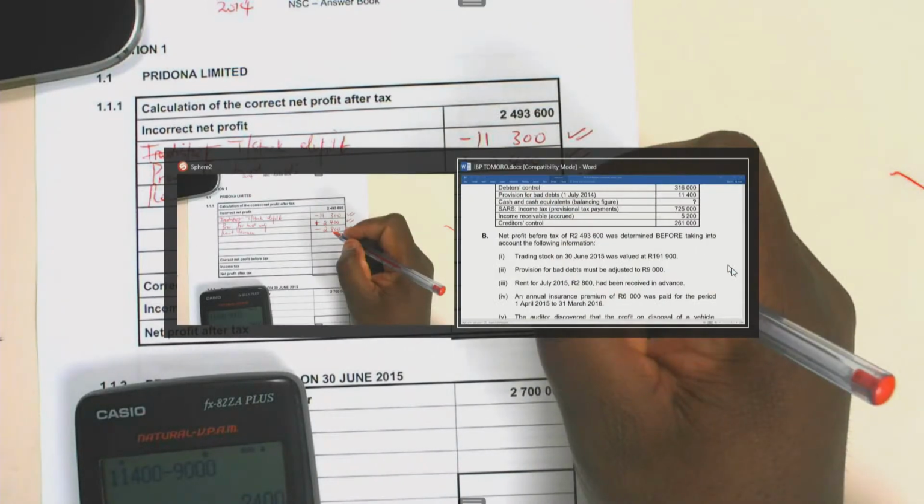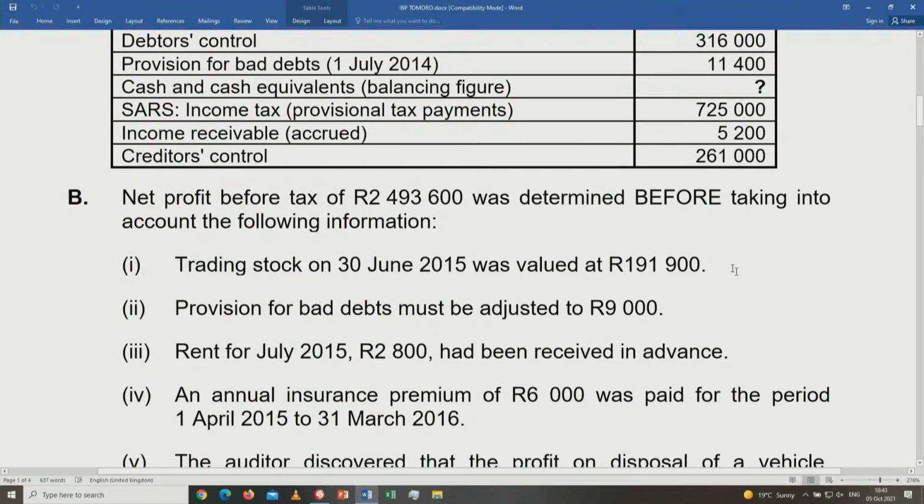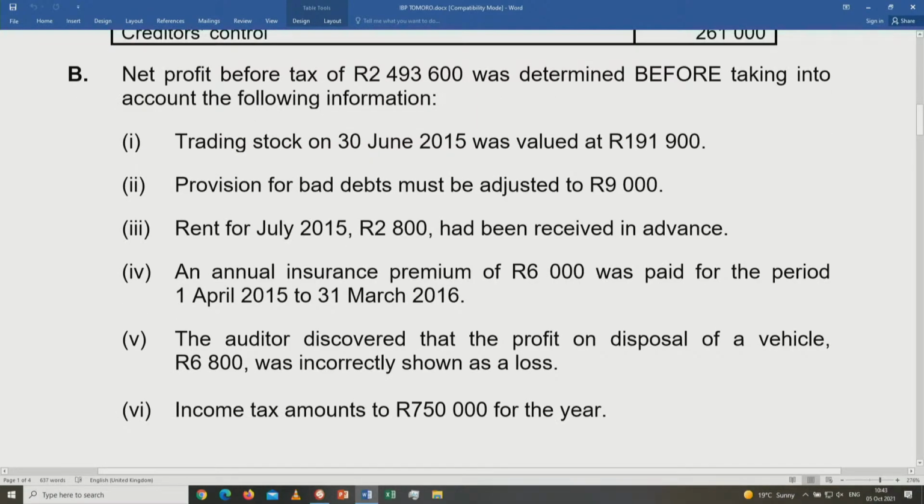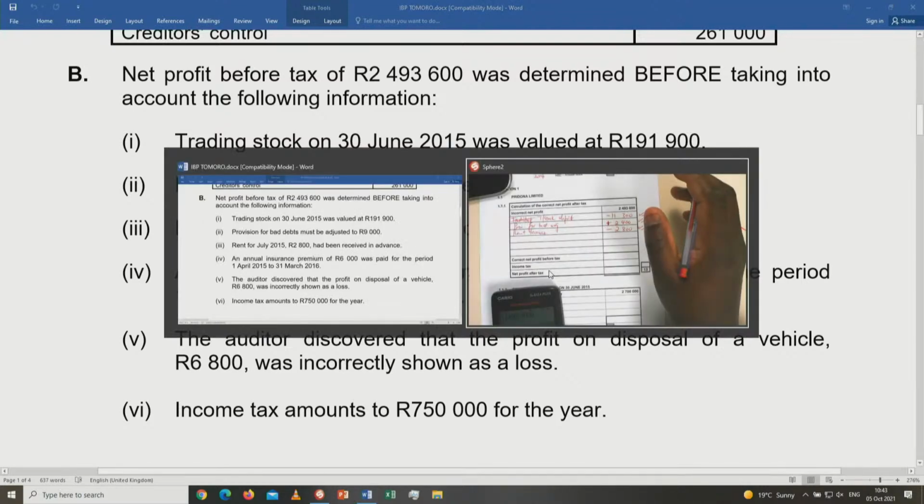Right. Now we go back to our adjustment number 4. An annual insurance premium of 6,000 was paid for the period 1 April 2015 to 31st March 2016. Very important. Let us look at our financial period here.